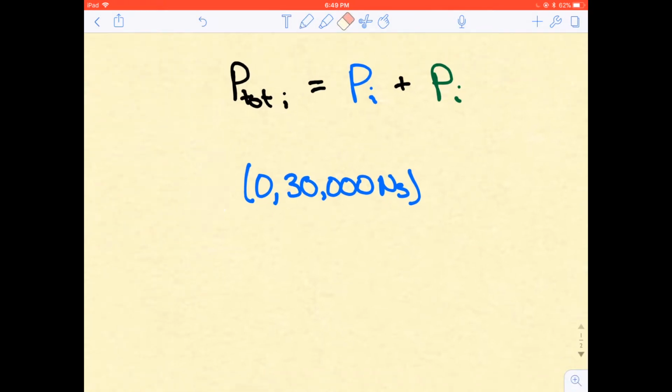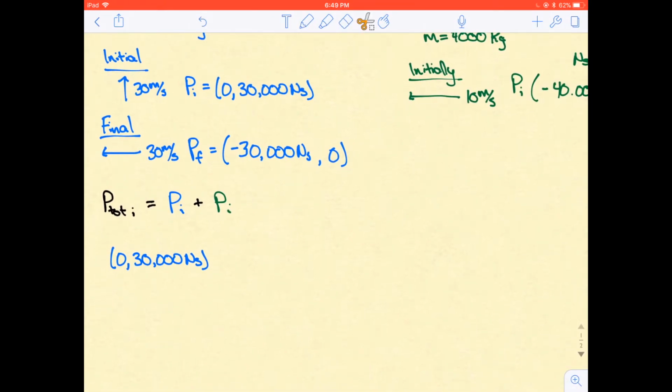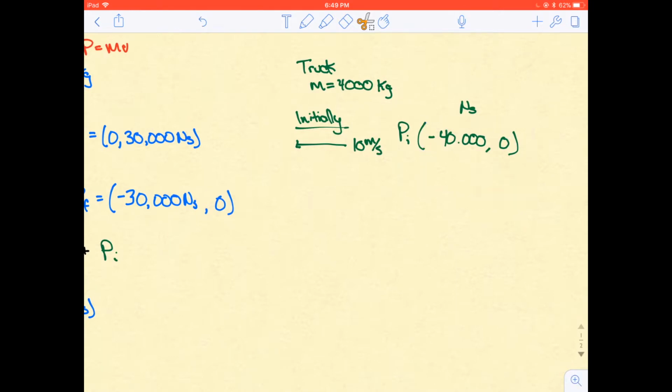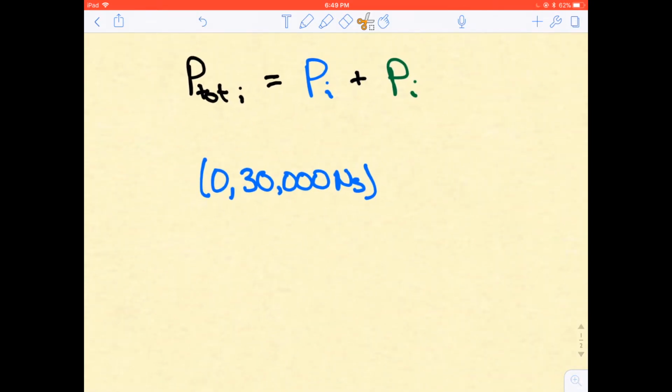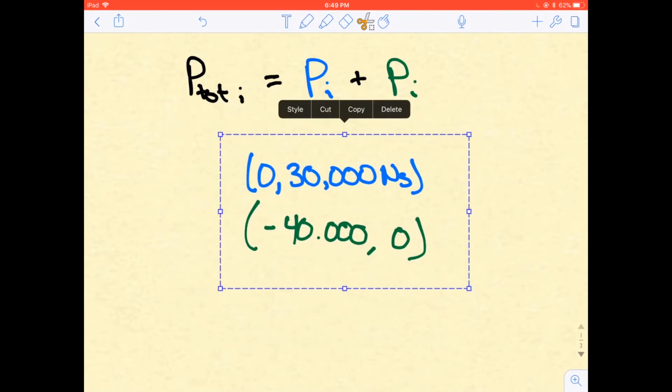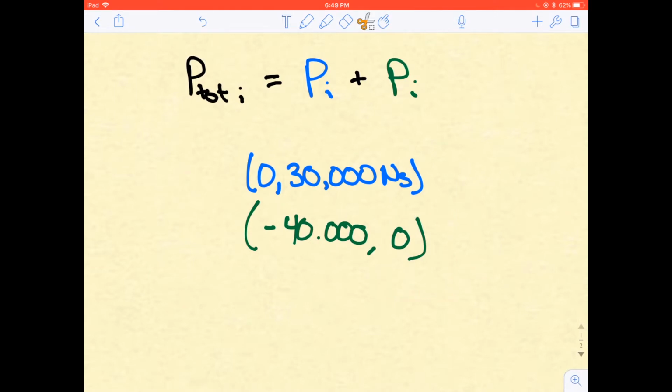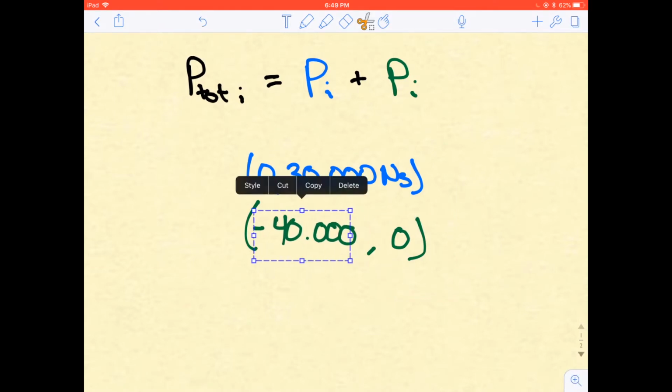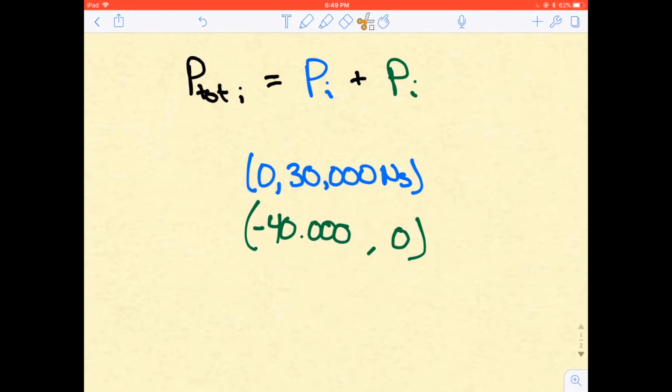Now, this is why coordinates make this problem a lot easier, because now all you have to do is just add up the respective axis. So it's simply the x-axis you add with the other x-axis, and then the y-axis you only add with the y-axis. So let me just include units in there.